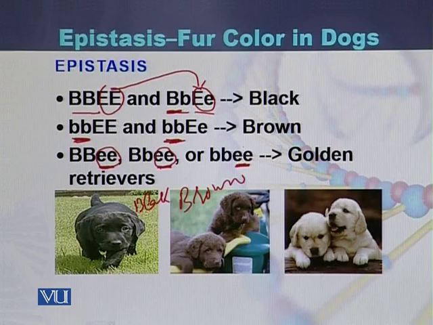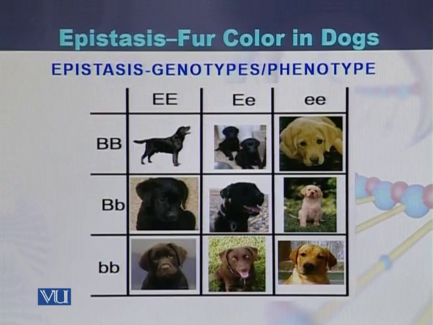Due to this recessive form of the second gene, the color of the dogs will be golden. This color is due to the second gene having an epistatic effect on the first gene. These are the different genotypes of the Labrador retrievers.